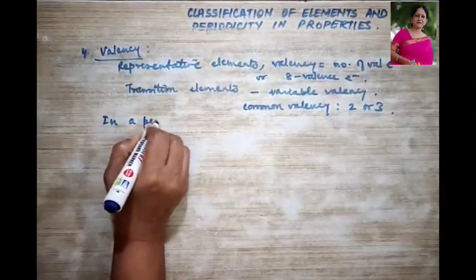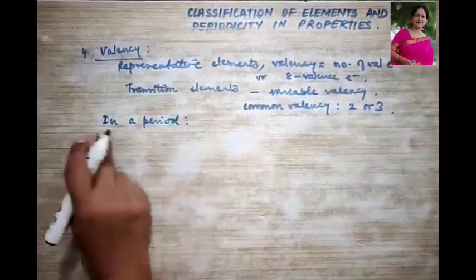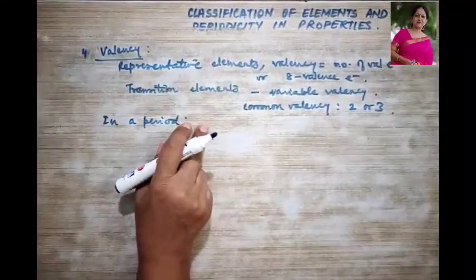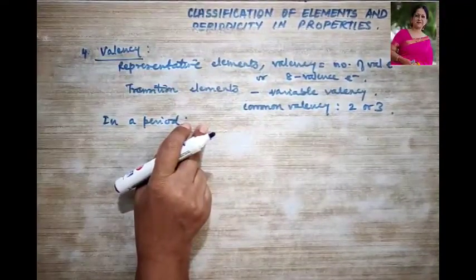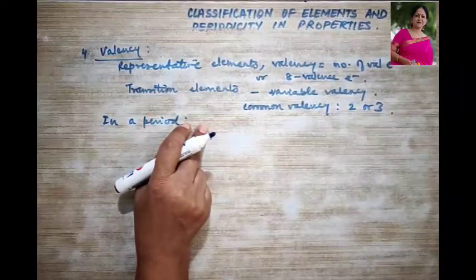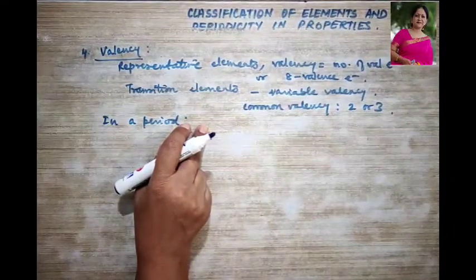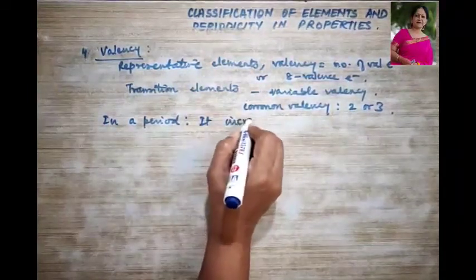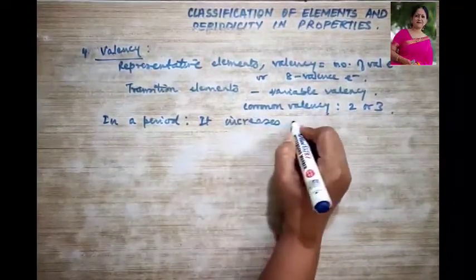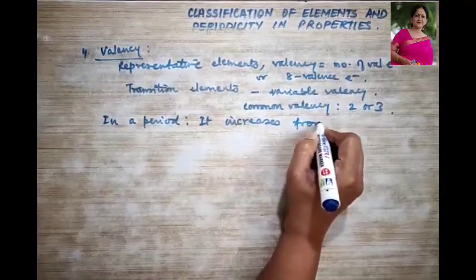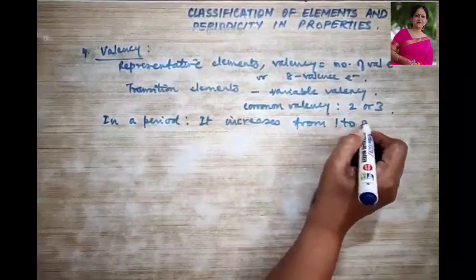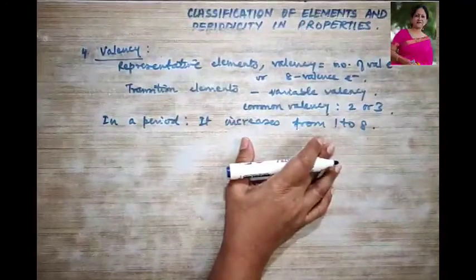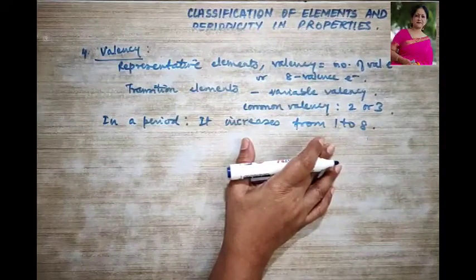What happens with the valency in a period? It increases from 1 to 8, from left to right in a period, okay?